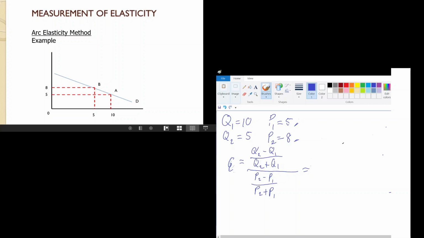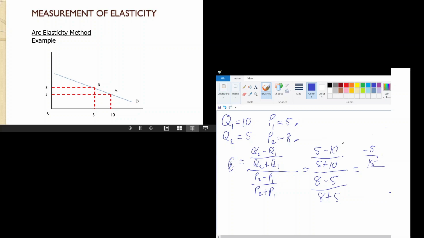Okay? So, ano yung Q2 natin? 5. So, we have here 5 minus Q1, 10 over 5 plus 10, all over P2 is 8 minus 5 over 8 plus 5. Okay, so 5 minus 10 is negative 5 over 5 plus 10 is 15.